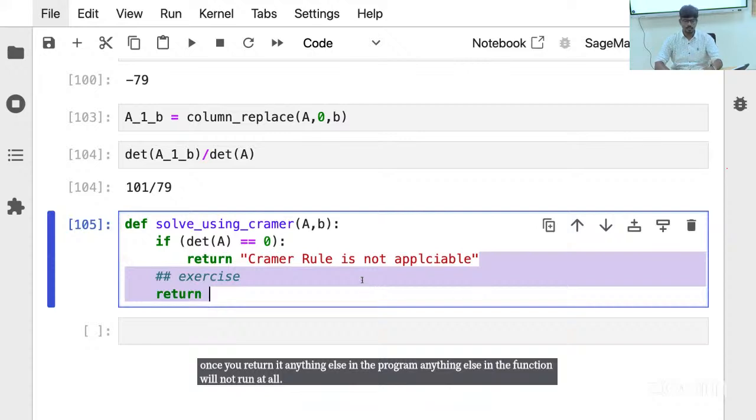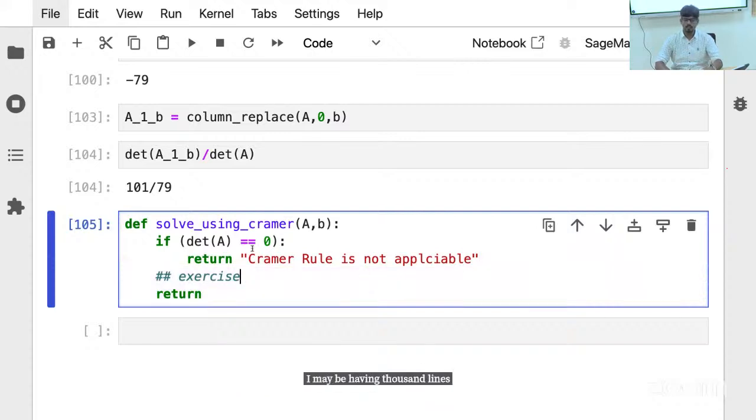I may be having 1,000 lines after this return, but if this return has been supplied, then nothing else below that will get run. Those things you have to write as a function over here.